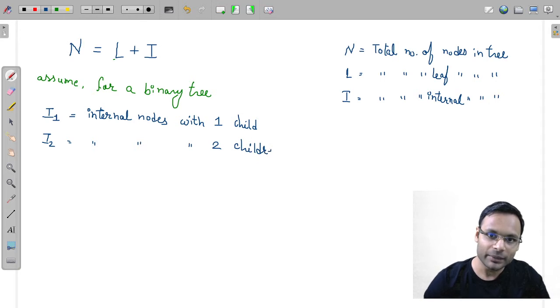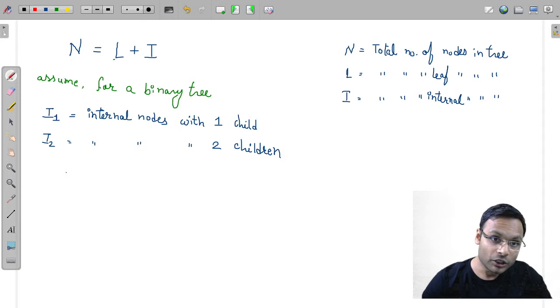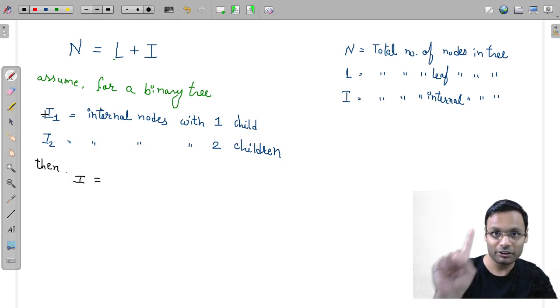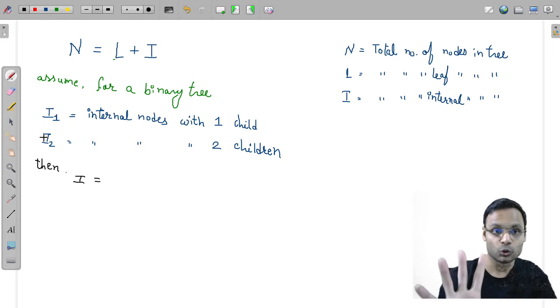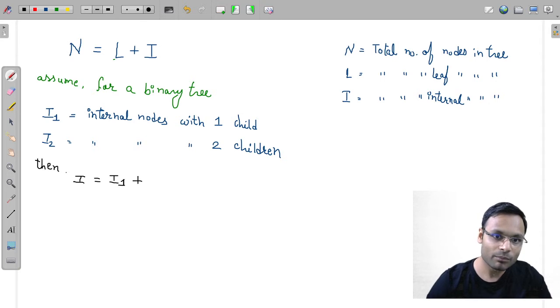Can you tell me the total number of internal nodes? Some internal nodes are having 1 child, some are having 2 children. Total internal nodes will be the number of internal nodes with 1 child plus the number of internal nodes with 2 children.